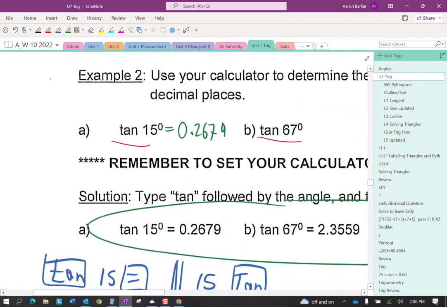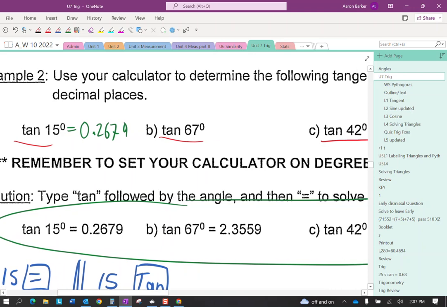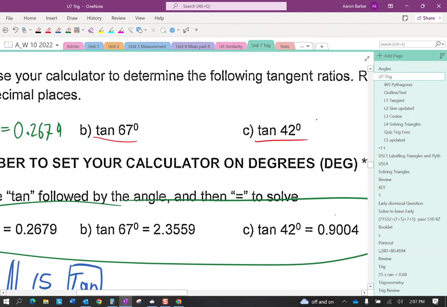Tan 67, try it on your calculator. And tan 42, try that on your calculator. Any calculator issues?